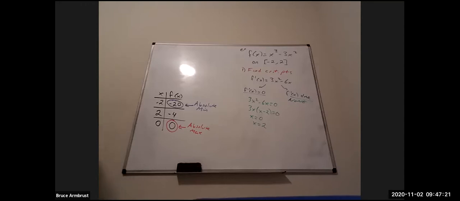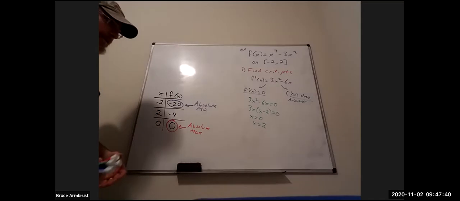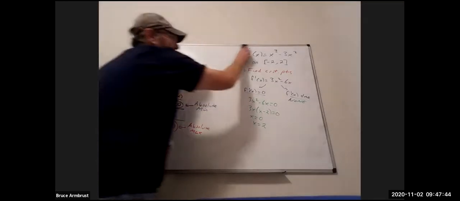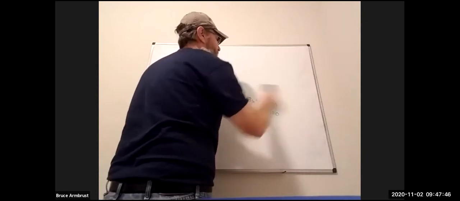All right, so how about let's do one more, but let's do one that's a little bit more difficult, because polynomials are great. They're super easy, but they're not always like that. So how about we do this? Let's try this guy.